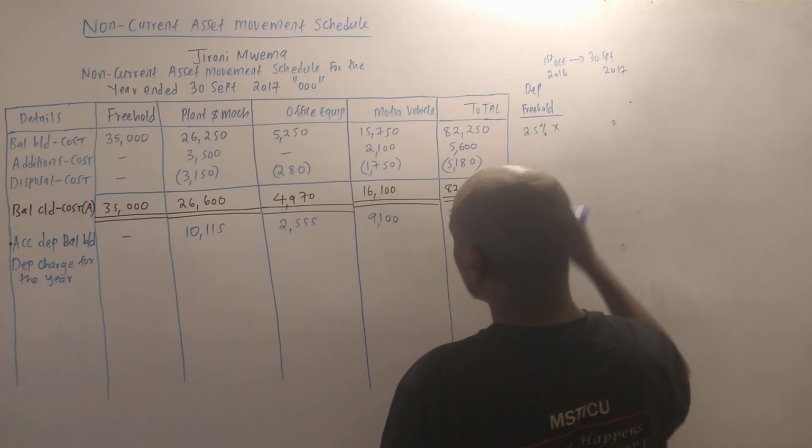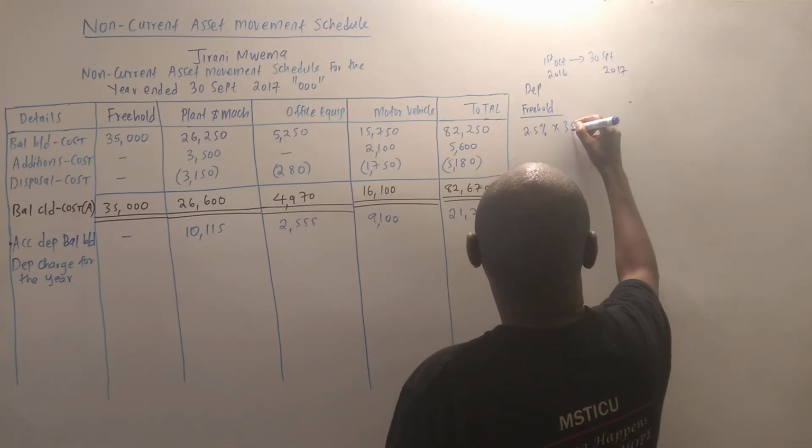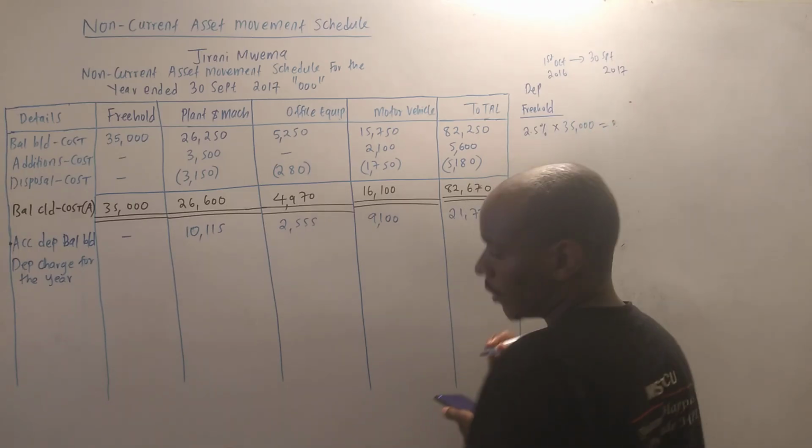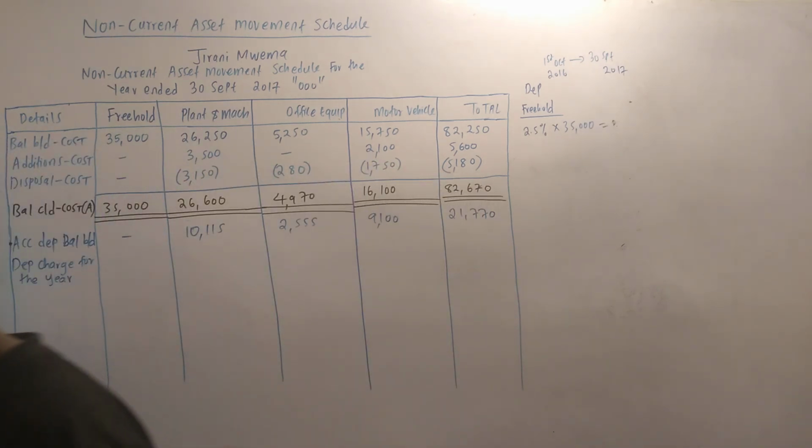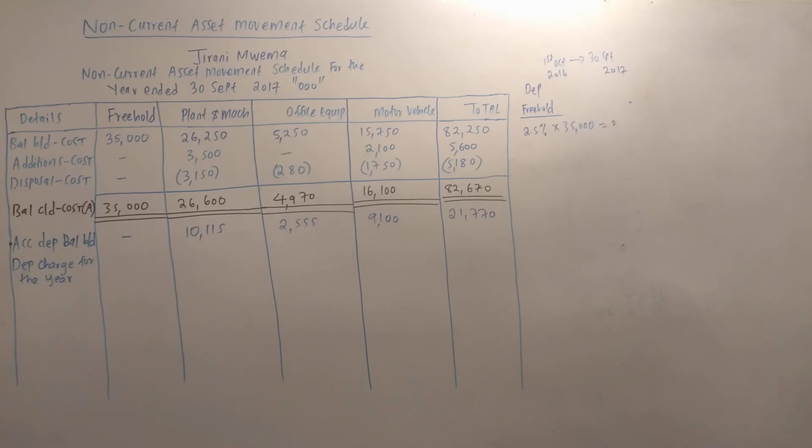So times 35,000, because there was no depreciation during the previous years. How much would that be? So 2.5 divided by 100 times 35,000.